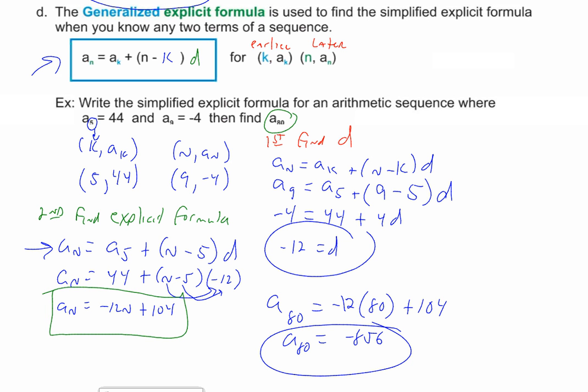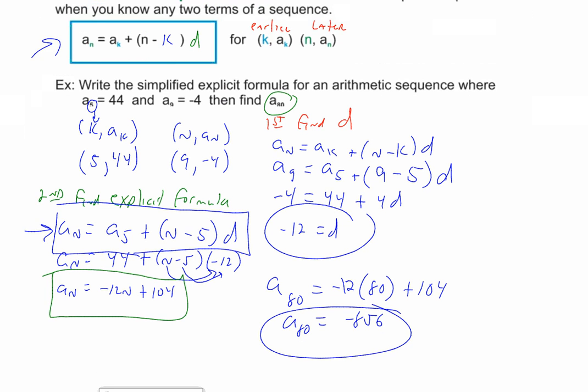Once you have d, you can go on. That formula there is going to allow you to treat the earlier term as if it were the first term so that you could get the explicit formula.